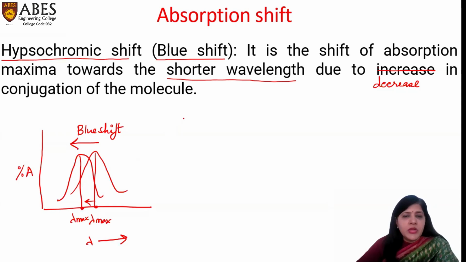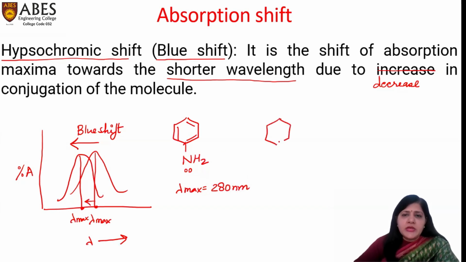For example, this is the aniline molecule. Aniline shows lambda max at 280 nanometer.